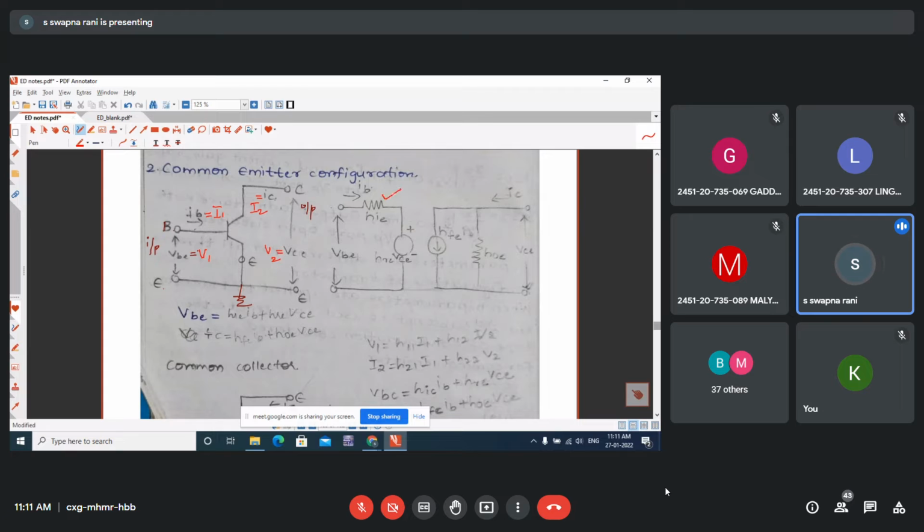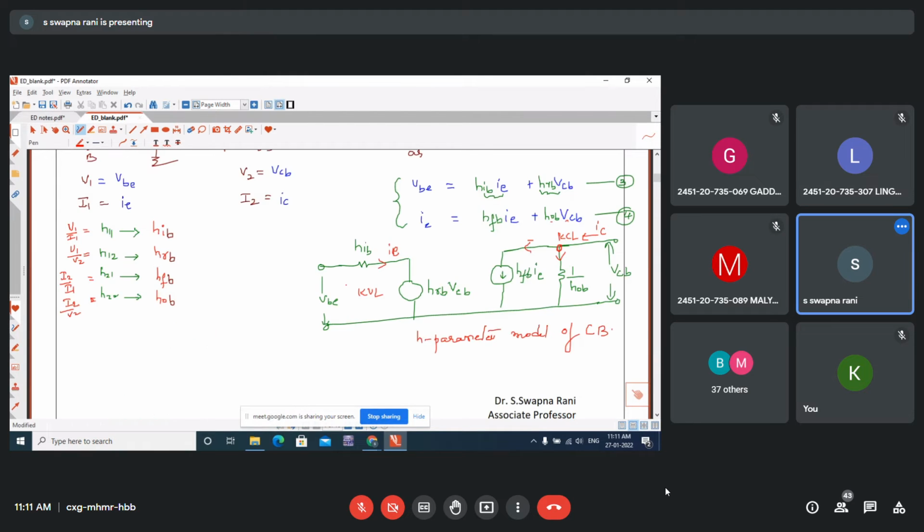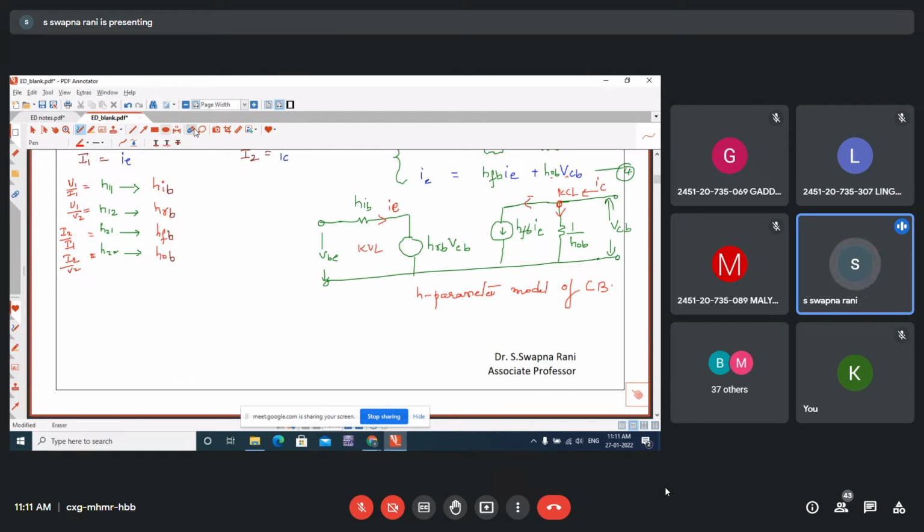The resistor will be there, HI. I will redraw the same circuit for common emitter. You will observe how easy it is.